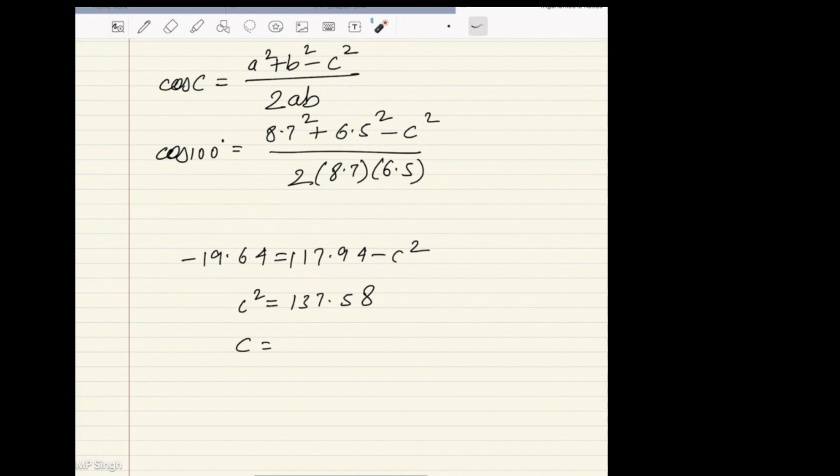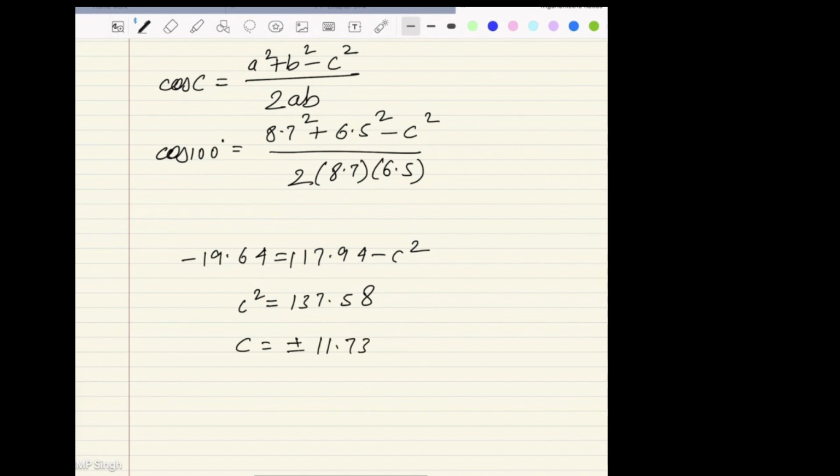If we are talking about the side of a triangle, can a length be negative? No. Okay, so you can write positive, but be aware that when you write c square or c cube or c to the power 4, you should know how many values you are going to expect. You should expect two values, but because we are talking about a side, we will neglect the negative. It should be plus minus 11.73 centimeter.